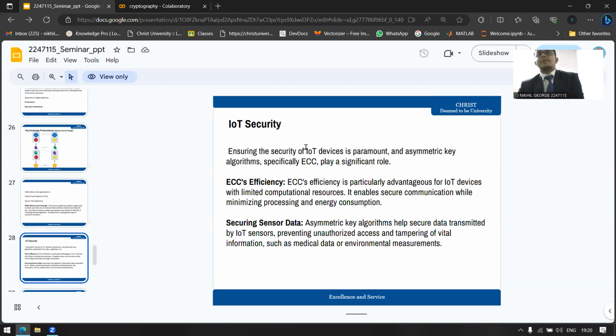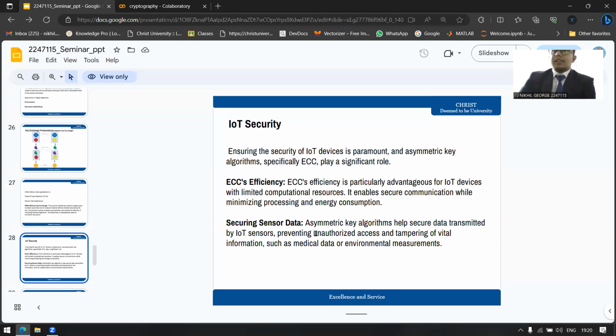In IoT security, we have to always remember that ECC is the most convenient one to be used in IoT devices, as they are much more compact and provide a constrained environment to work on. The processing is limited basically, and the resources too are limited. So here is where the efficiency of ECC comes in, which takes advantage of the limited computing power.